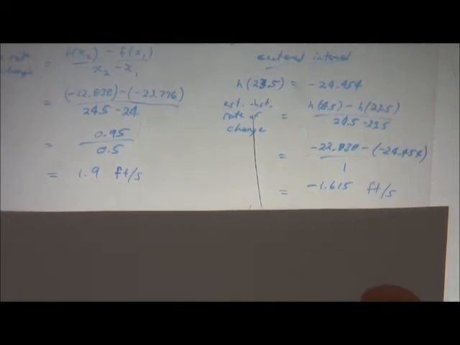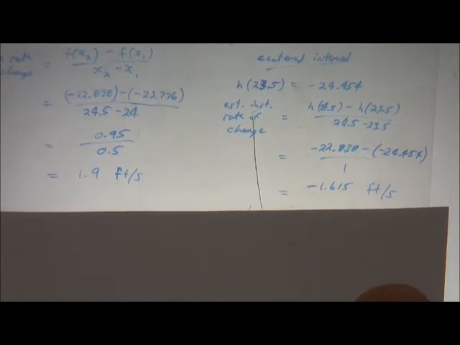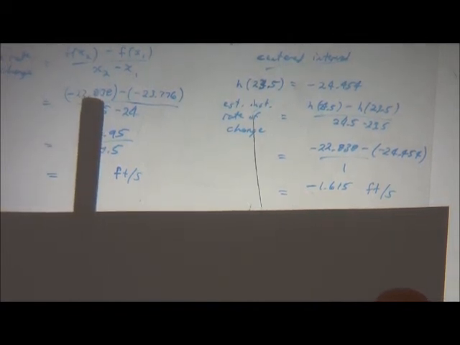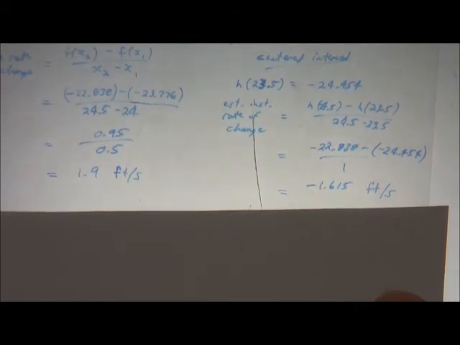Yeah, that's 1.646? 1.616. 1.616. Because when Tiago did the rounding for negative 22.838, it was actually negative 22.839. Oh, I see. Alrighty. So negative 1.615 or negative 1.616.